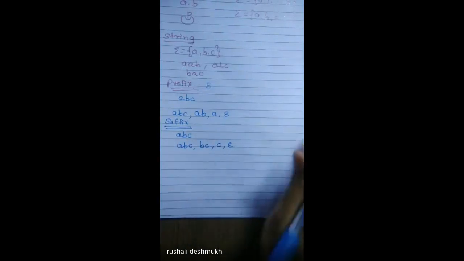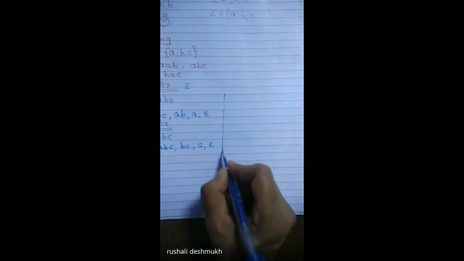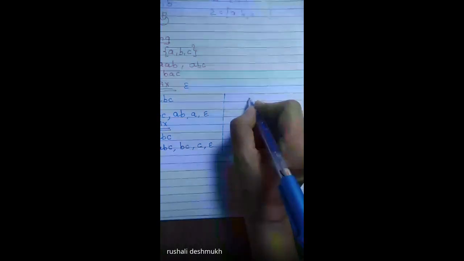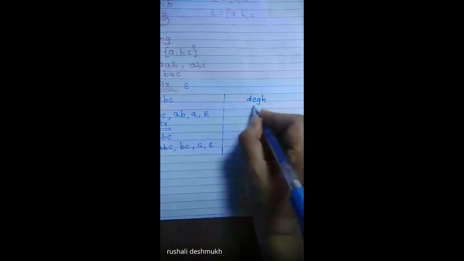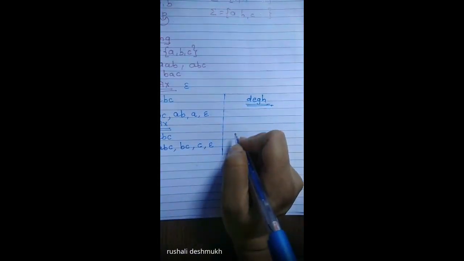Okay, so now let us consider, if I give you the string D, E, G, H, can you find prefixes and suffixes of this? Find the prefixes of this, and once you finish, you tell me whether that is clear to you or not.